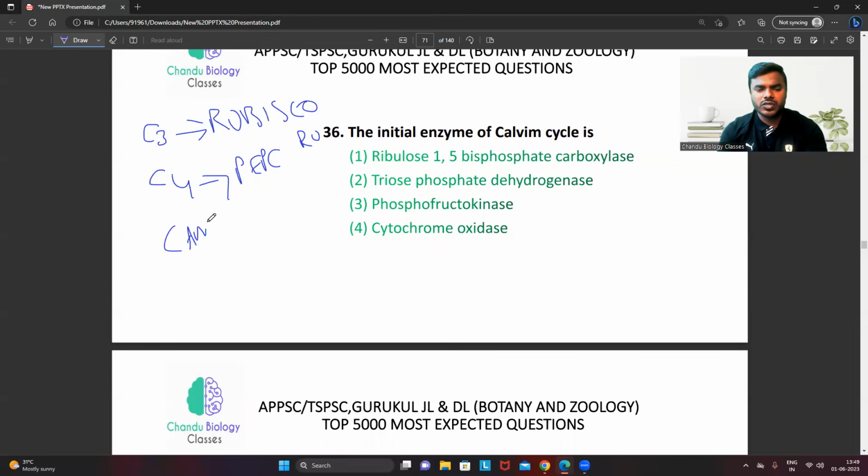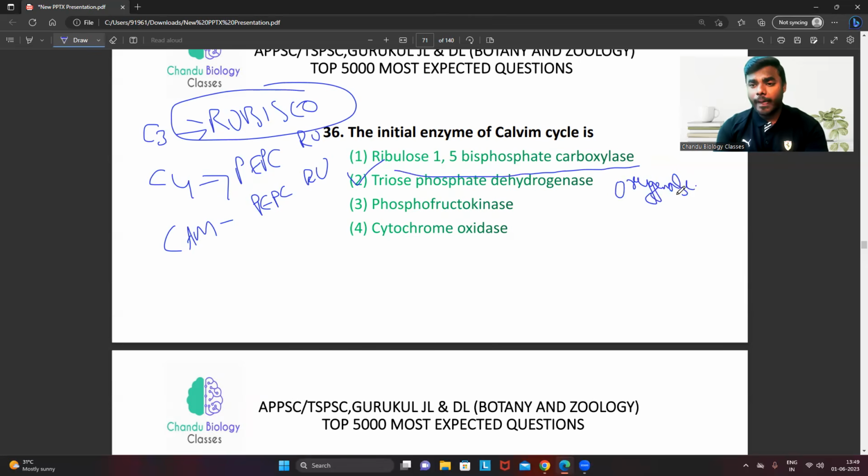In CAM plants also the same, PEP carboxylase and Rubisco. In C3 plants only one enzyme is present, that is Rubisco. So now, what is the full form of Rubisco? Ribulose 1,5-bisphosphate carboxylase oxygenase. That is the complete name. Why are we calling it carboxylase oxygenase?